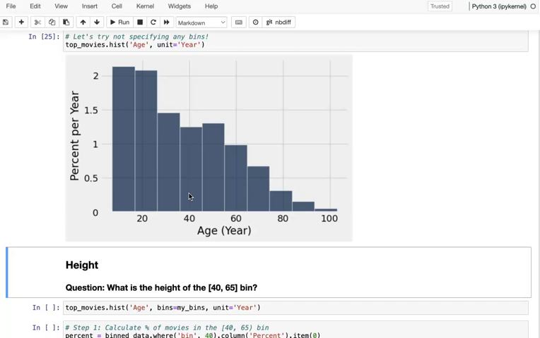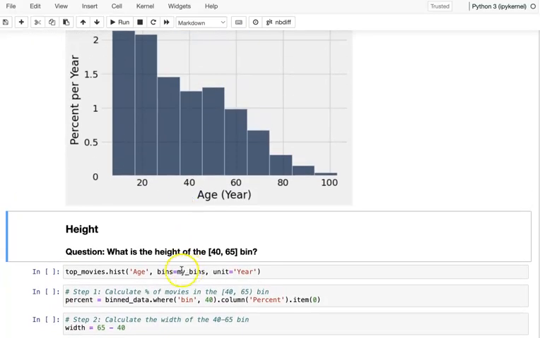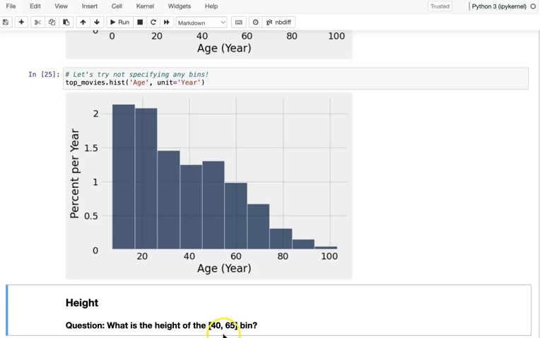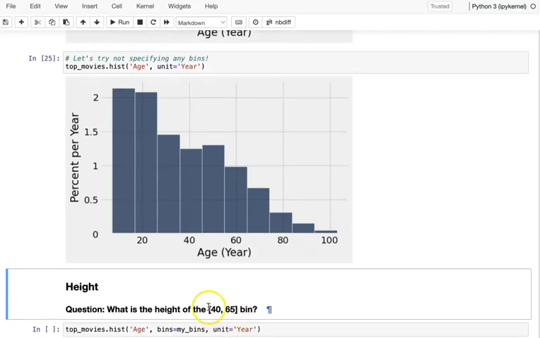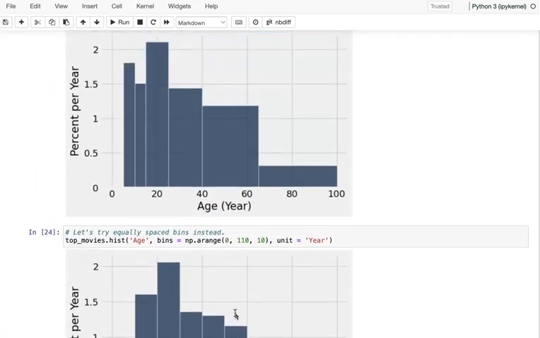So that's our question: can we calculate the height? For example, for the first diagram, what is the height for the 40 to 65 bin? Be careful, the 65 is actually in parentheses, which means it's not inclusive.